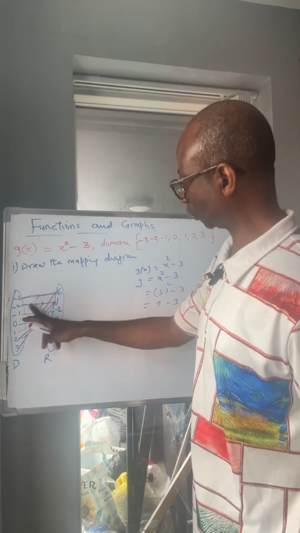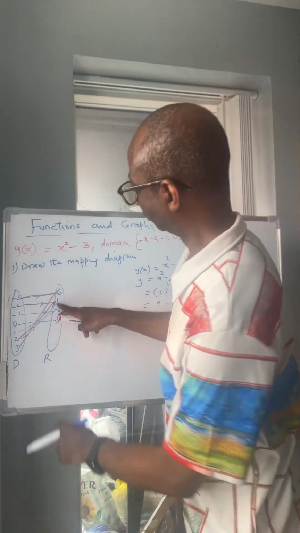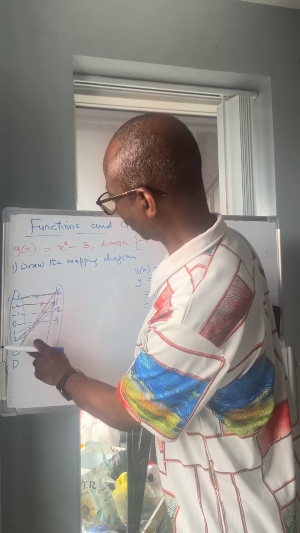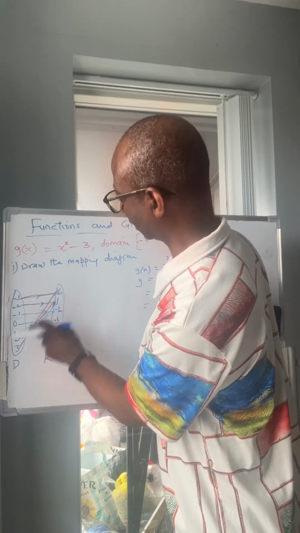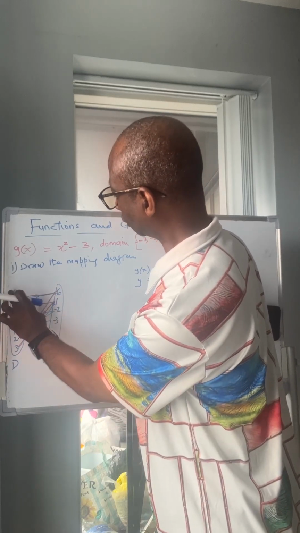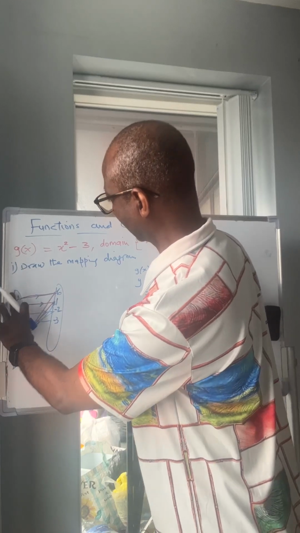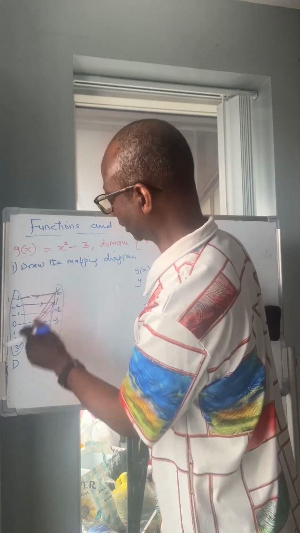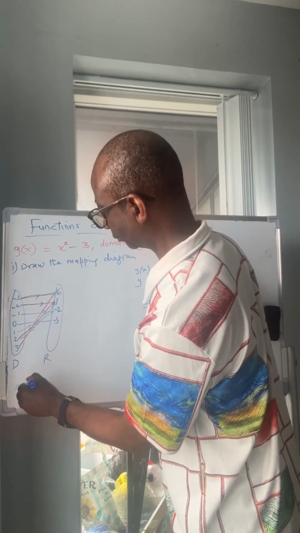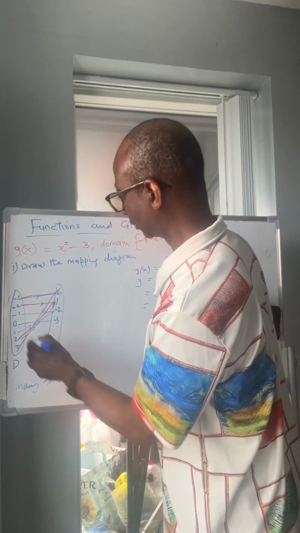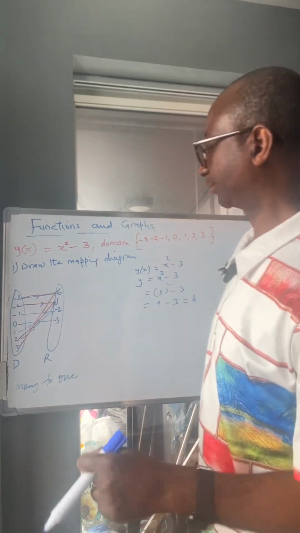You have minus 2 going to 1 and 2 going to 1, and minus 3 going to 6 and 3 going to 6. So we call this many-to-1.